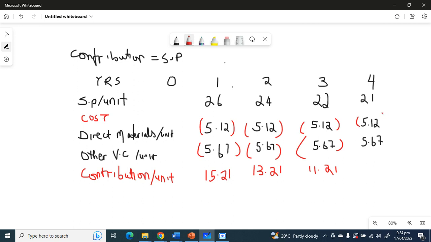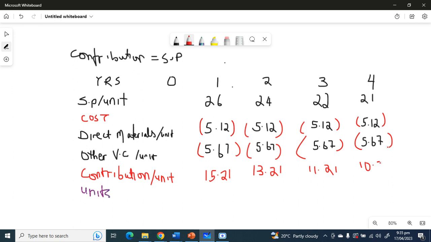And then for year four, 21 minus 5.2 plus 5.67, 10.21. All right, so we've got our contribution per unit.